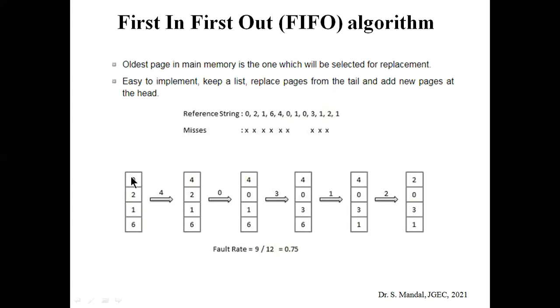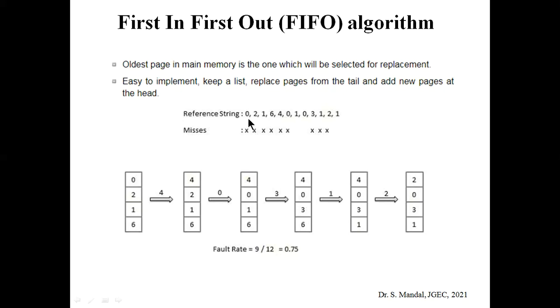So frame 0, frame 1, frame 2, frame 3. Whenever we want to load the pages into the main memory, initially we assume that the memory is free.